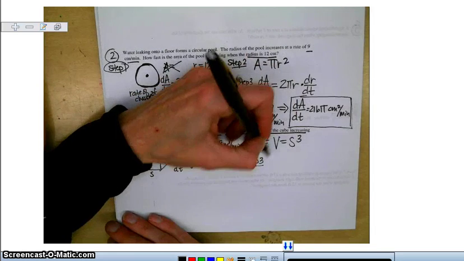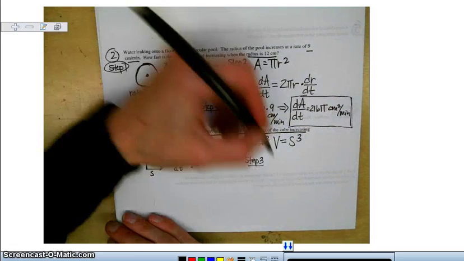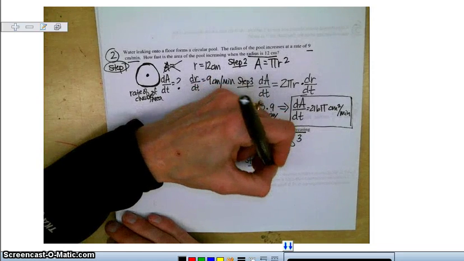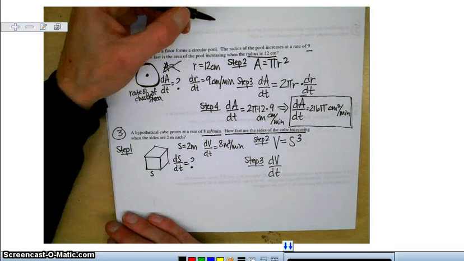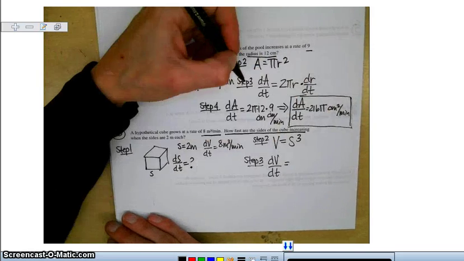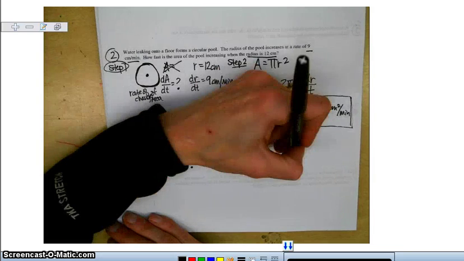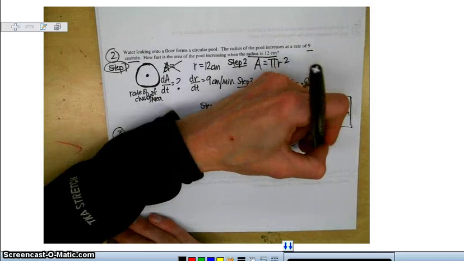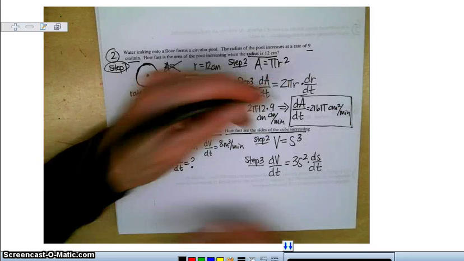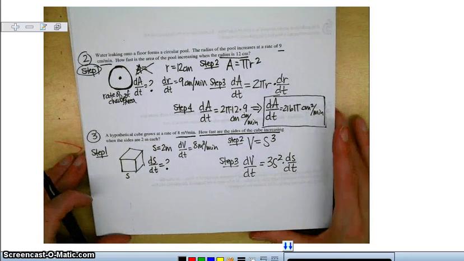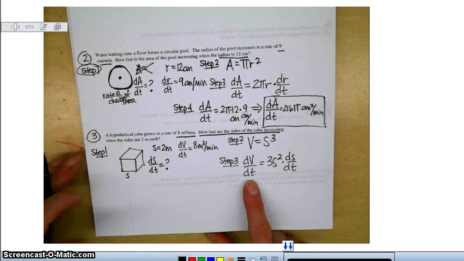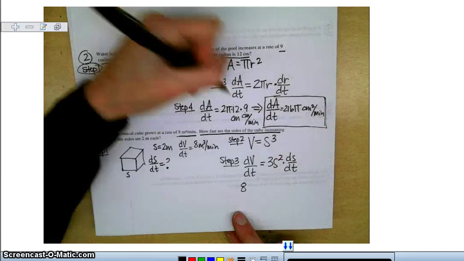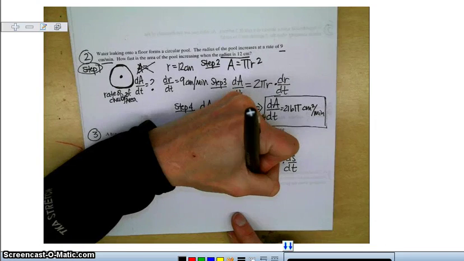What is the derivative of V? dV over dt. 1 times dV over dt. The derivative of S cubed is 3S squared times ds over dt. So now I plug in. The dV over dt is 8 meters cubed per minute.